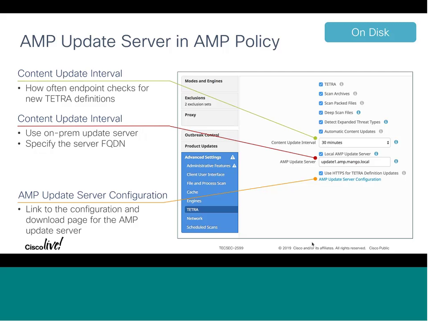You could even do a geo-based distribution. If you have, say, some hosts in North America, some hosts in Europe, some hosts in Asia, and you're concerned about bandwidth, you could provide a local update server in each of the locations, and then you'd need to create policies for each of those locations pointing to the appropriate domain name there.